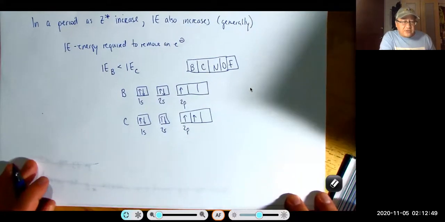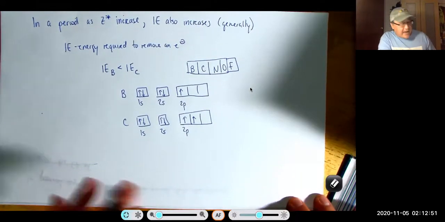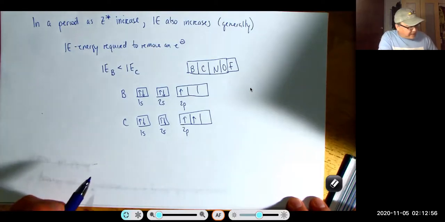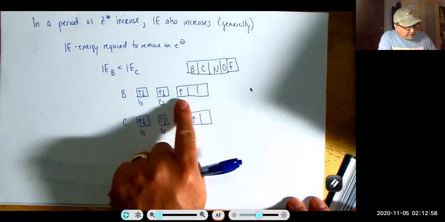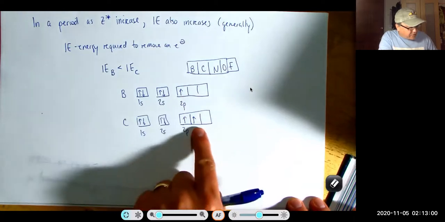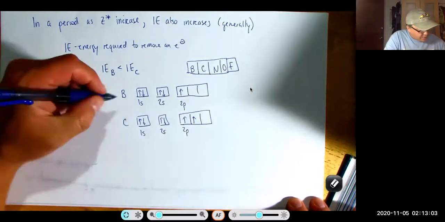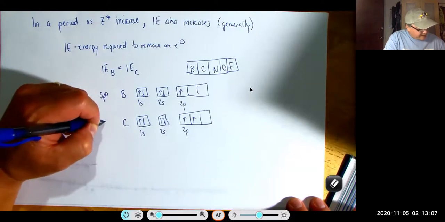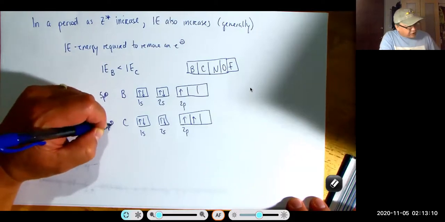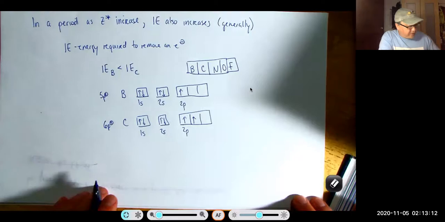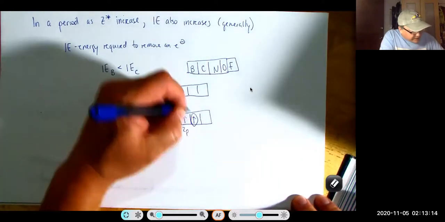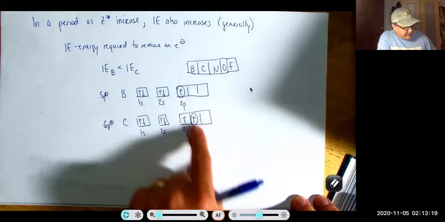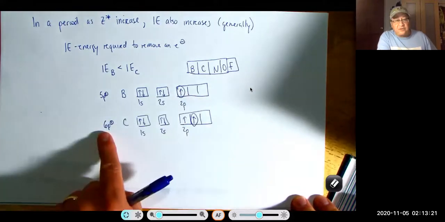So these are the electron configurations using the noble gas notation or the orbital box notation. And this electron is easier to take than this one. So why is that? Well, the answer is because boron has 5 protons and carbon has 6 protons. So Z star is going to be greater for carbon. So when you look at this guy versus this guy, this one's going to be harder to take because they're both coming from a 2p, but this has a greater effective nuclear charge.